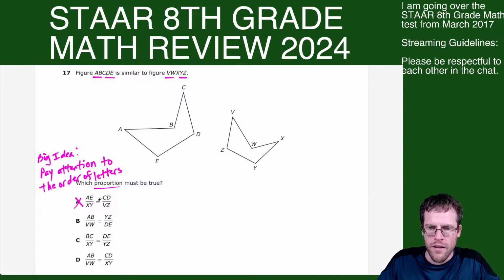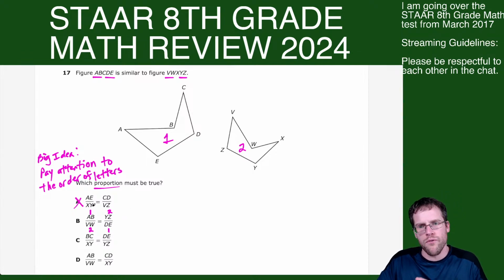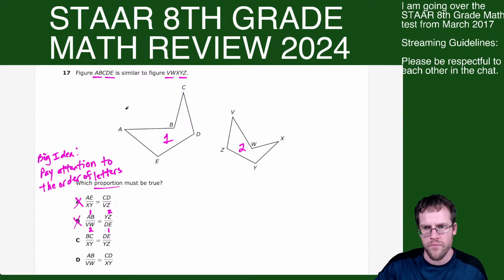But the problem is, let's say this is shape 1 and shape 2. They did shape 1, shape 2, but then they did shape 2, shape 1. When you set up ratios for proportions, you have to stay consistent. So B is out because if we flip that, then it would be true. But it's not. BC, if I follow the letters, BC is second, third. XY is third, fourth. So this one's out.